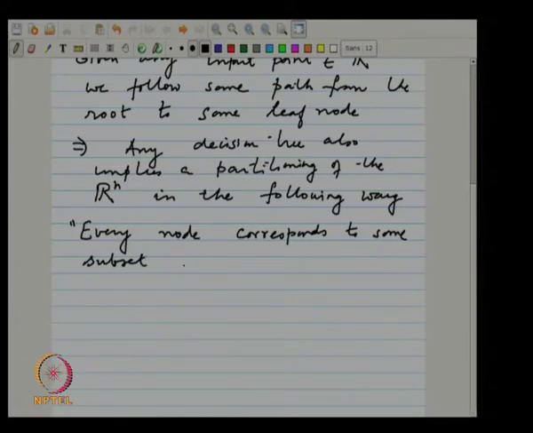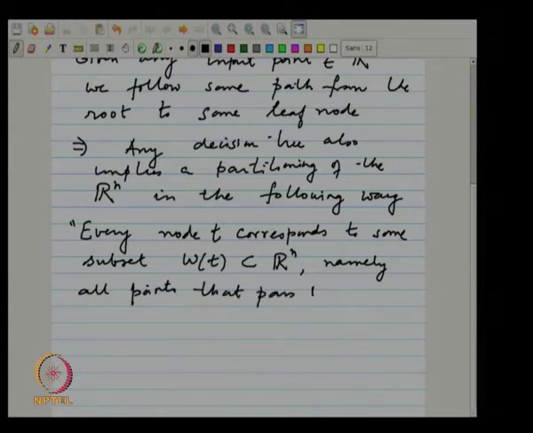Let us call the node T. So, every node T corresponds to some subset, call it W_T, of R^n, namely all points that pass through T.